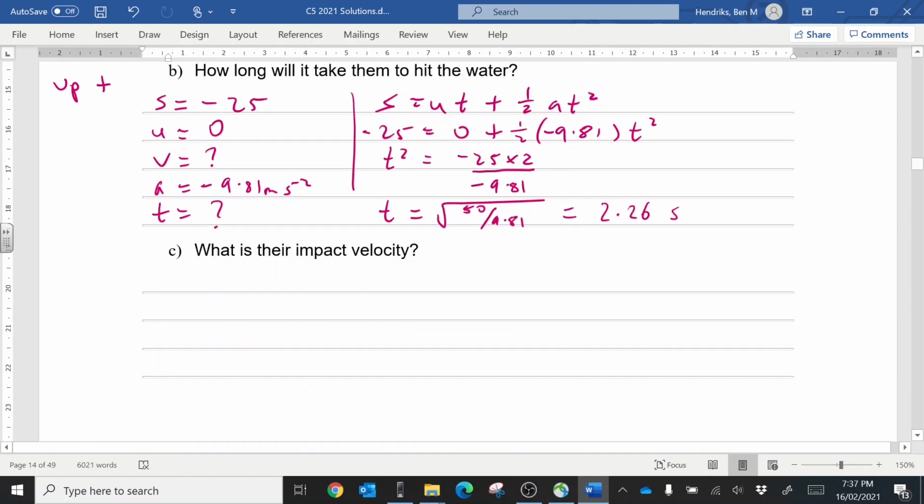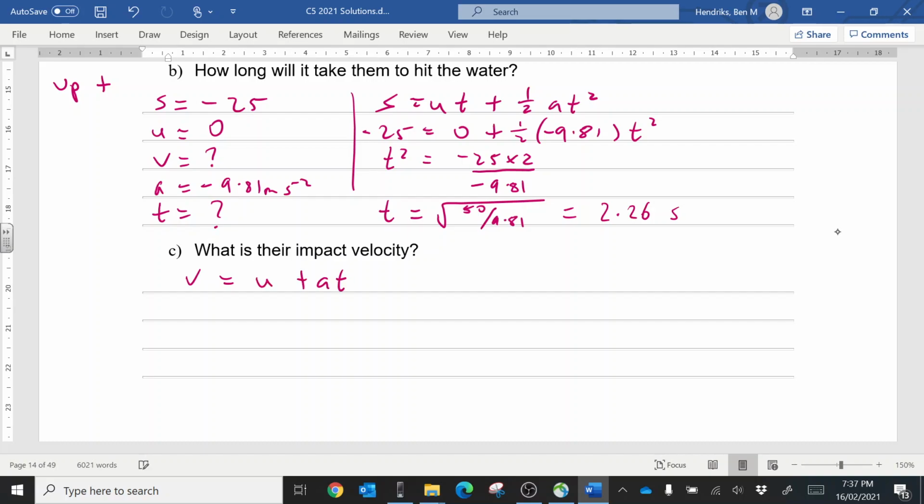What was their impact velocity? Now we know that we have time, it's 2.26 seconds. We can use v is equal to u plus at. So we have equal to 0 plus negative 9.81 times 2.26.